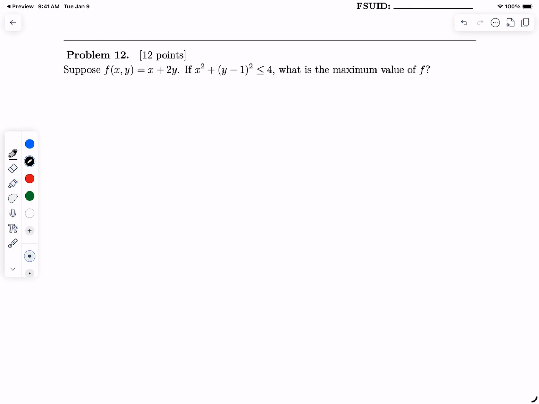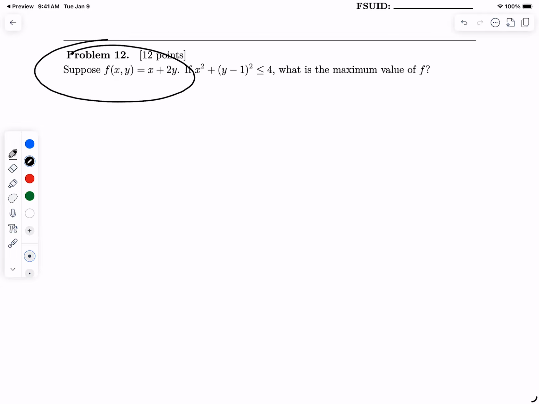Okay, I think this is the very last question. We are interested in what is the maximum value of this function. Can you tell me what I should do for this one? There are two things that I can do depending upon the geometry given to me. Geometry means the constraint that is given to me.